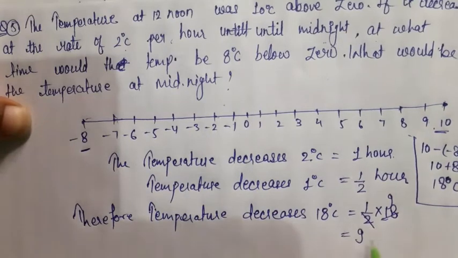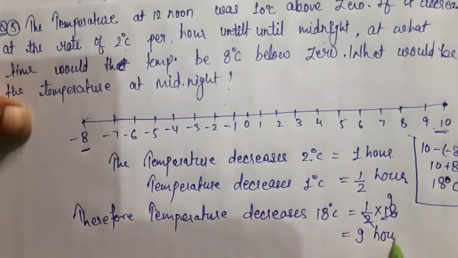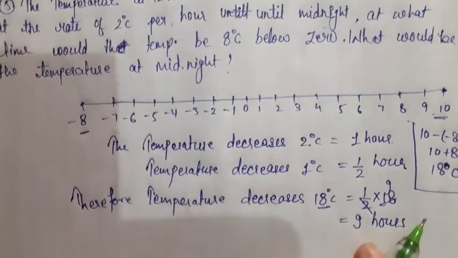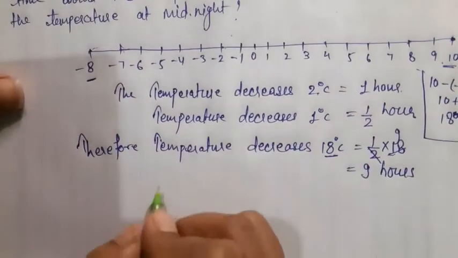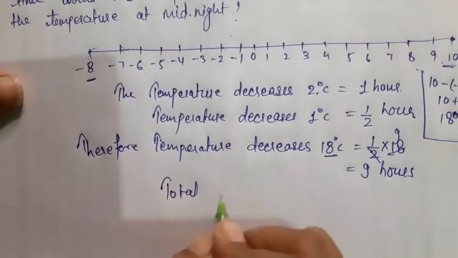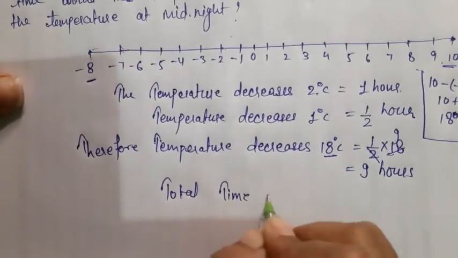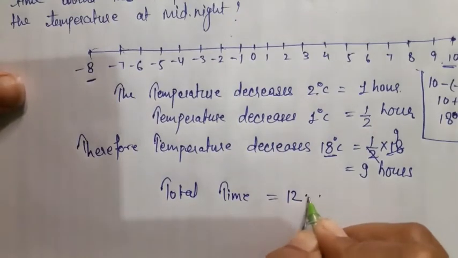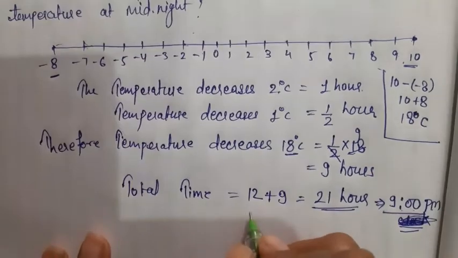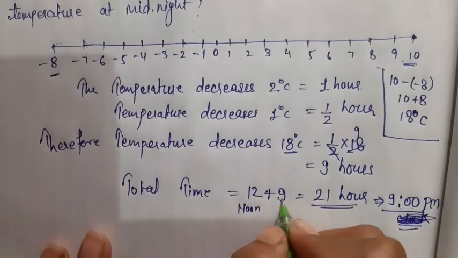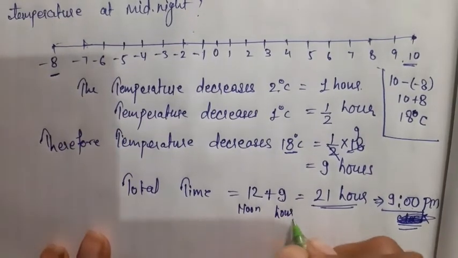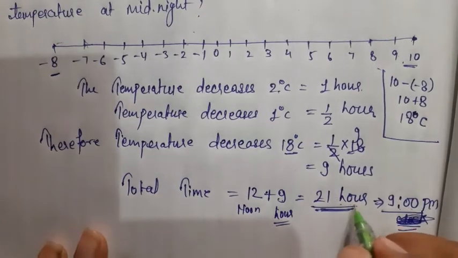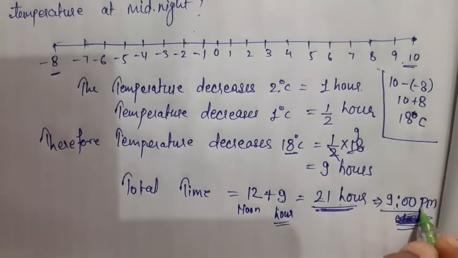So here we take 9 hours for decreasing 18 degrees Celsius. So here the total time is 12 noon plus 9 hours, we get 21 hours, which means 9 p.m.